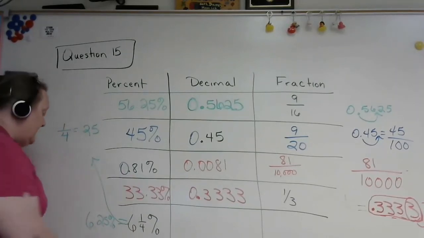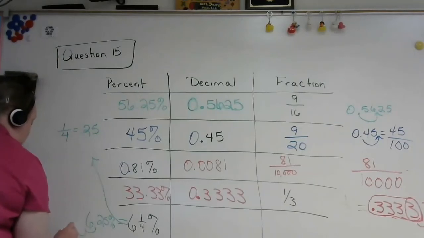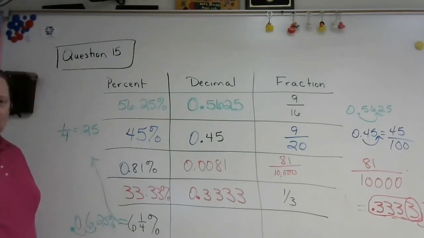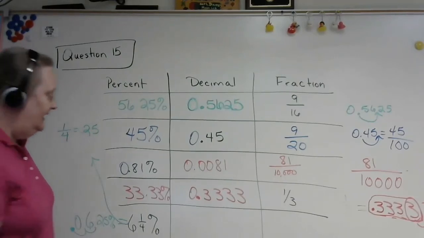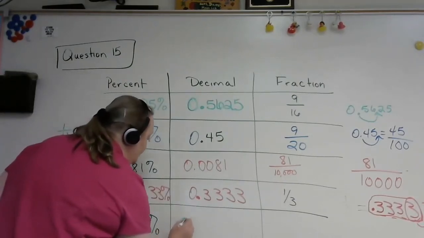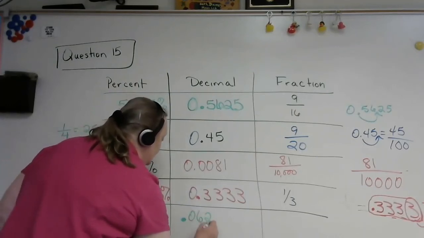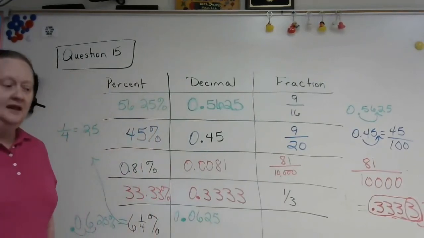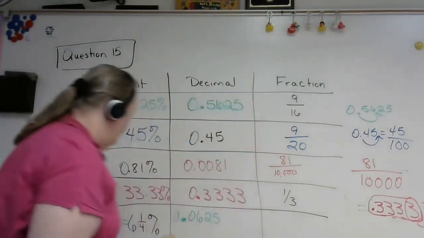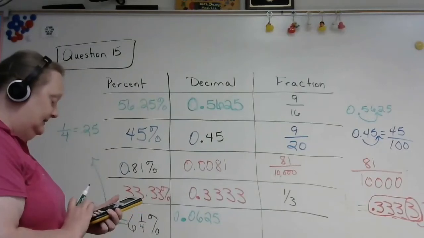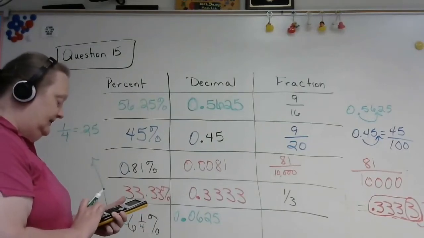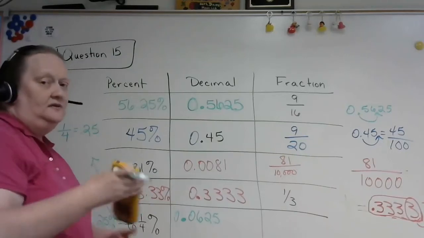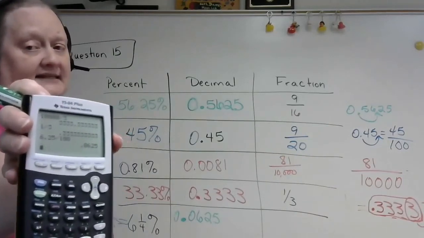To write that as a decimal, then I need to move my decimal back 2 places. That means I need to add 1 0. And so that's going to be 0.0625, with the leading 0. And again, I can take 6.25, divide that by 100 to make sure that I've typed that in correctly.